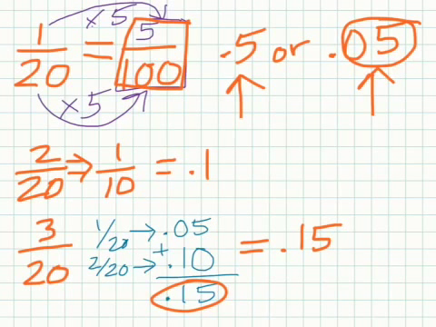Man, that's a lot. So the best thing that you can start doing is you can start chunking away at them. First, learn all of your halves and fourths. Then learn all of your eighths. You should already know your tenths, hopefully. Tenths could help you figure out your fifths. Tenths could also help you figure out your 20ths.